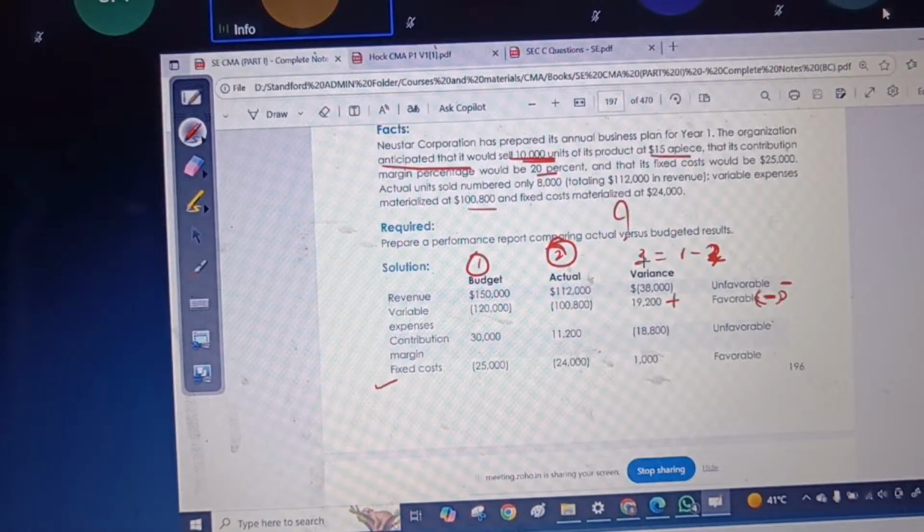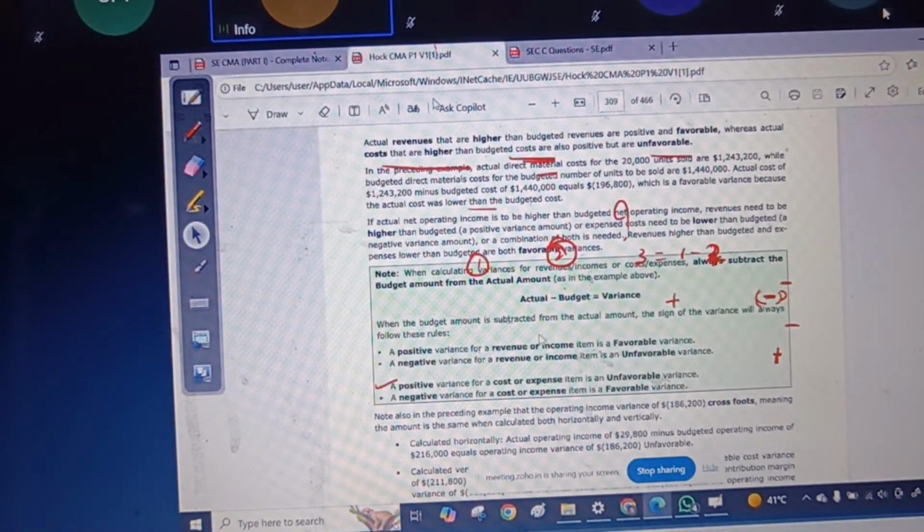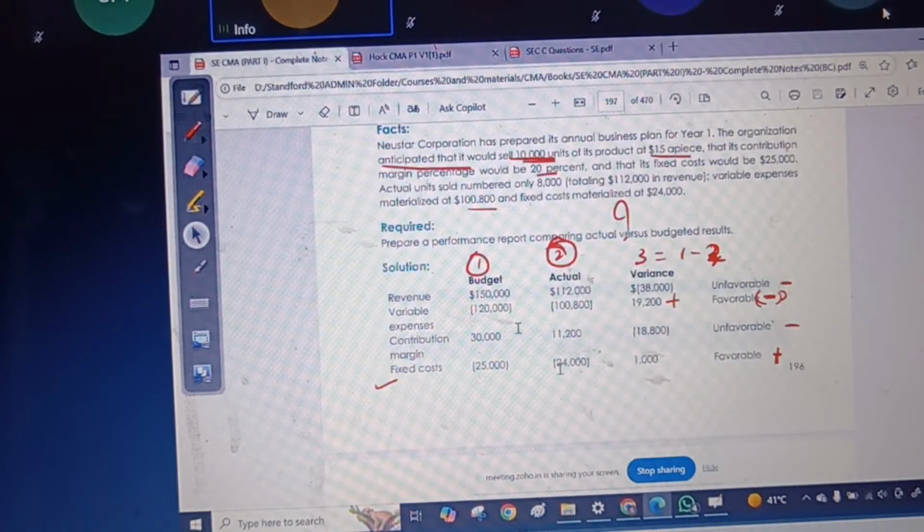Because here contribution margin is unfavorable, which should be negative, and here it is favorable, that is positive. Actually, if it is unfavorable, it should be positive, and if it is favorable, it should be negative. So I was right.